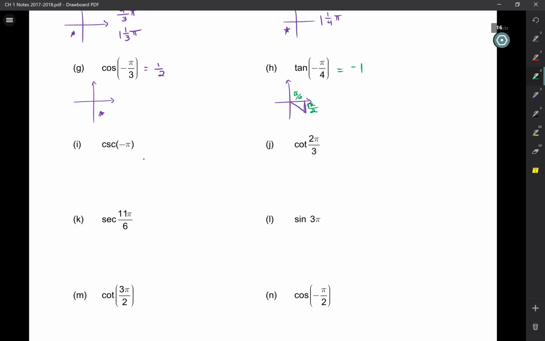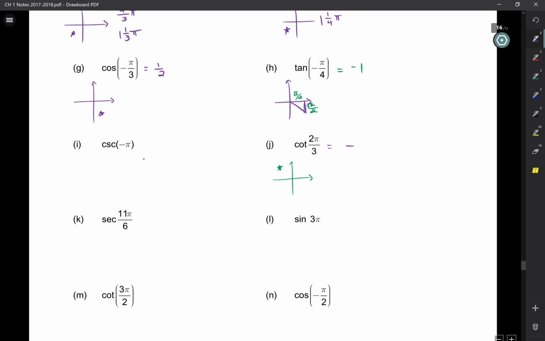So let's go to J. I'm skipping some on purpose. What quadrant are we in? The second. So cotangent over there is negative. Now, it's a pi over 3. That's the larger angle. So the sine is how much for that one?